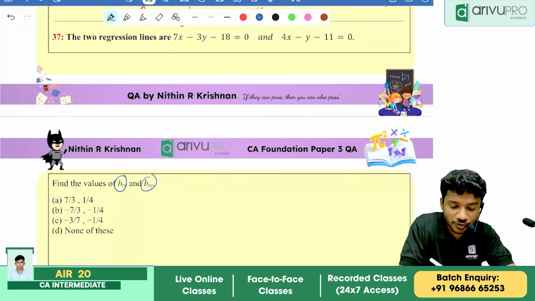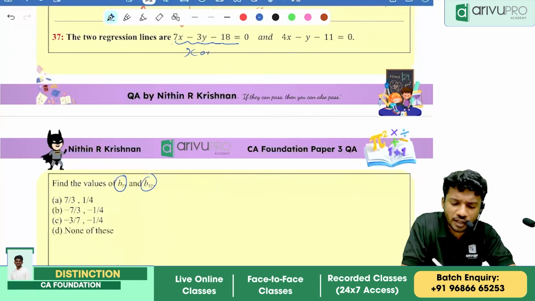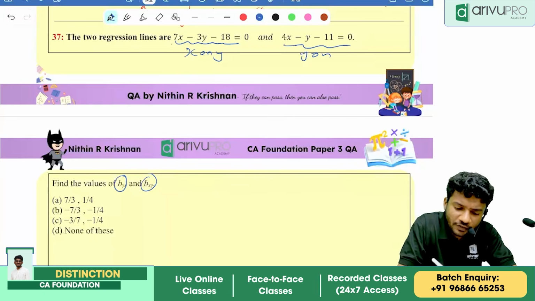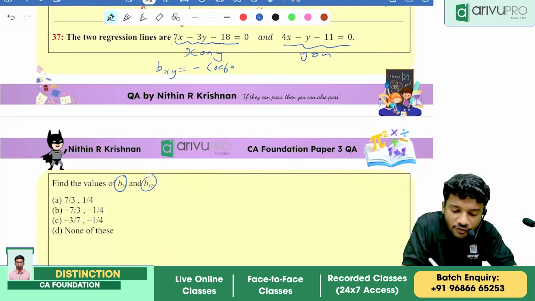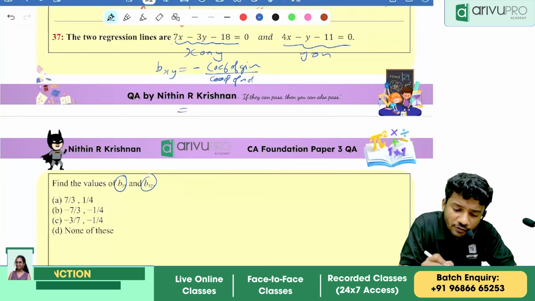What are we going to assume? First one you will assume it as x on y. This is y on x. Then people, if it is x on y, what is bxy? Minus of coefficient of given divided by coefficient of not given. Now you tell me what is coefficient of given? Given is y.